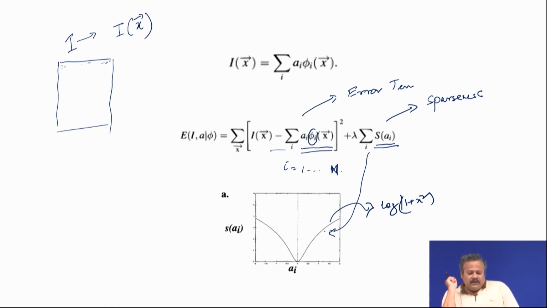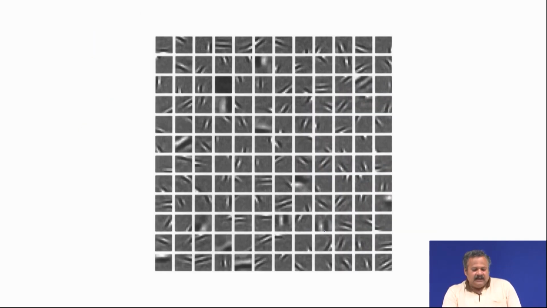So, what they found with this and some other methods with the same ideas is that they found receptive fields of these so called theoretical units to be very much like simple cell receptive fields, about which you learned a little bit towards the beginning of the course. So, what is being represented here are all the phi i's.